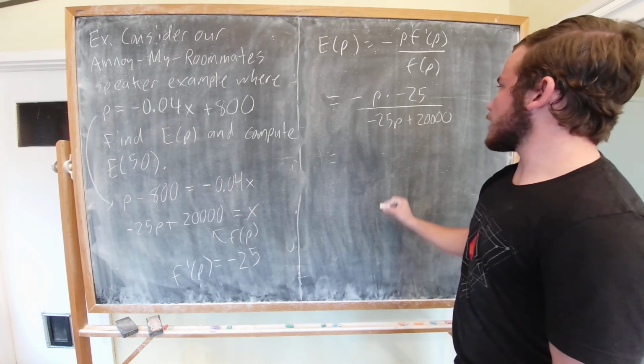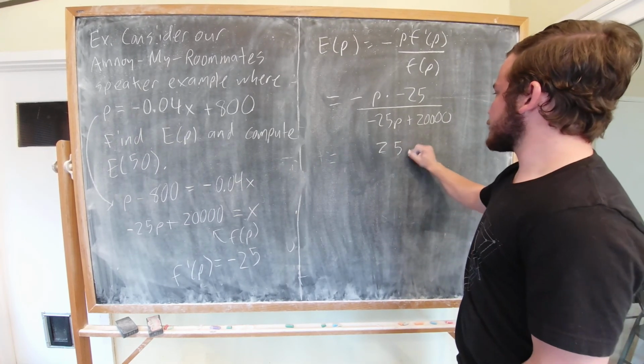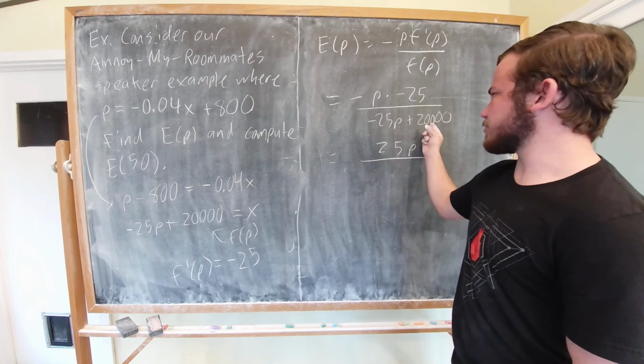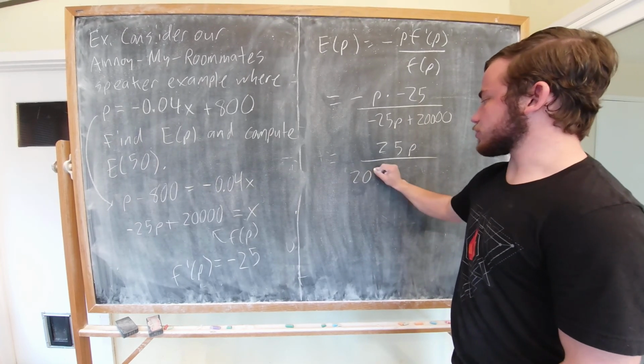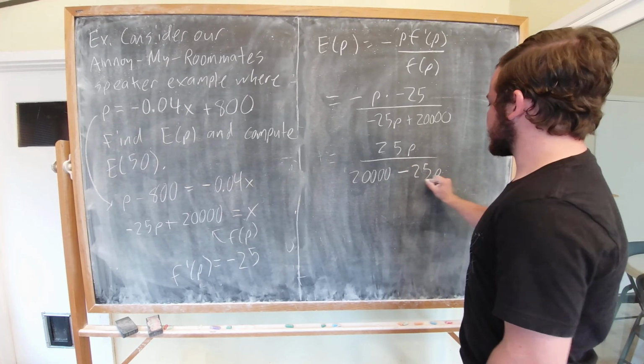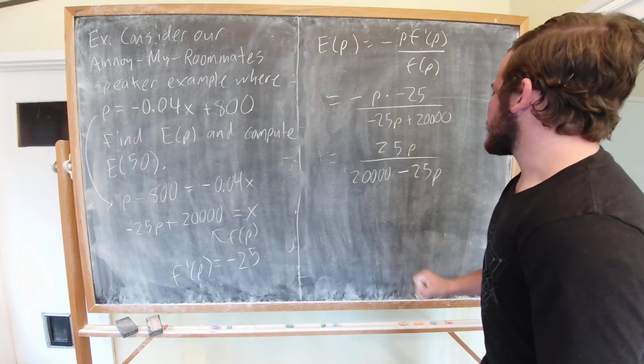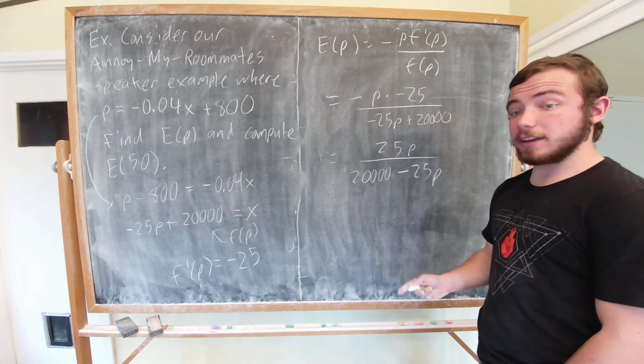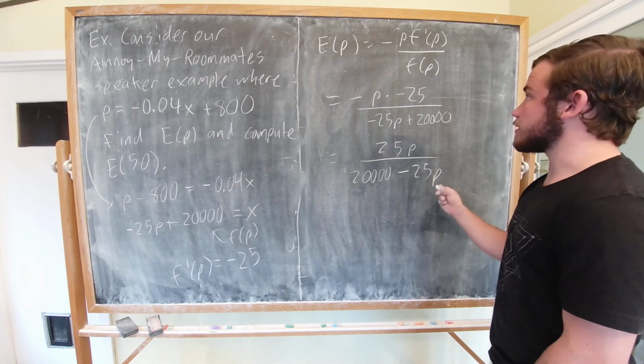That'll be 25p divided by, I'm just going to rearrange that as 20,000 minus 25p. All right, so that is our elasticity function.